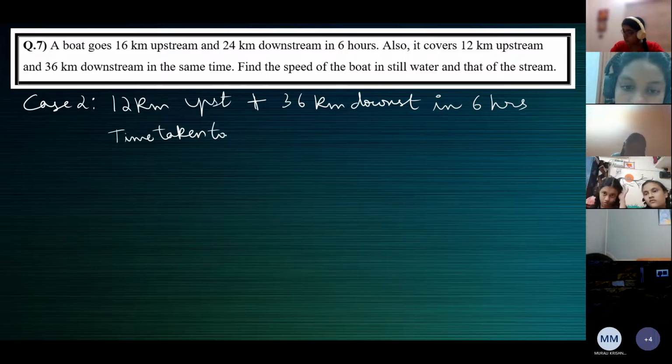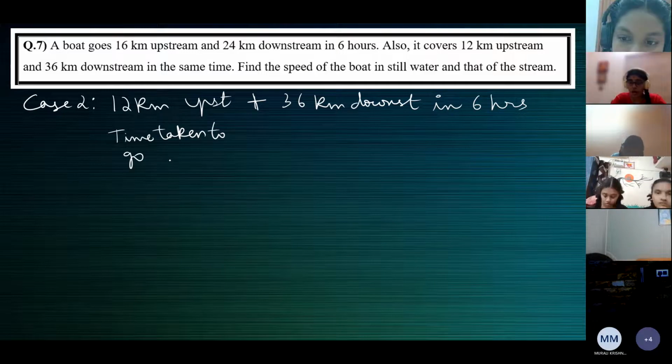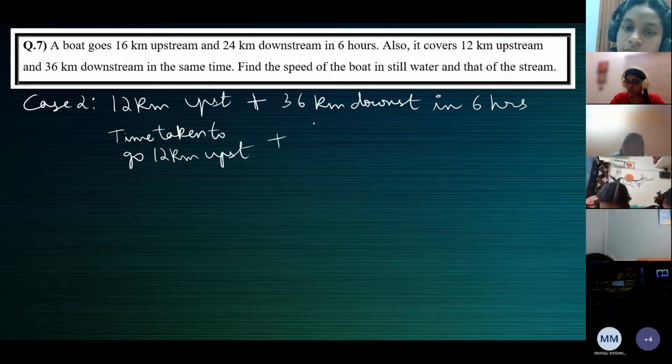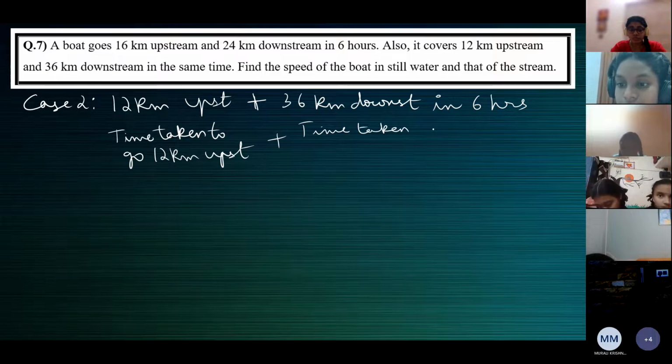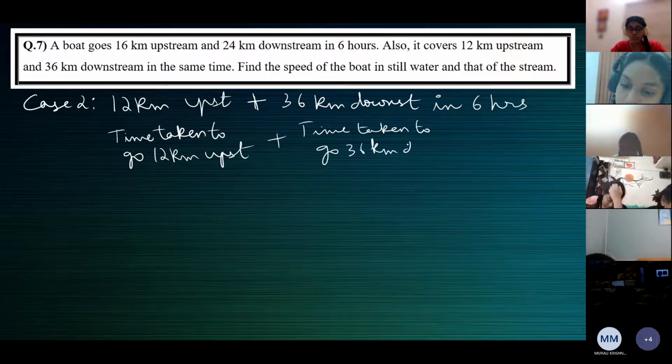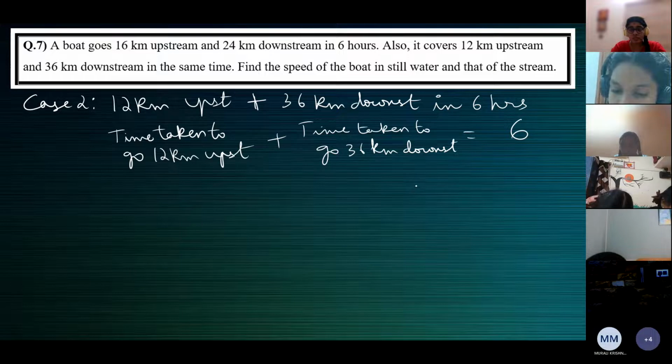Time taken to go 12 kilometers upstream, plus time taken to go 36 kilometers downstream, is equal to the total time of 6 hours. Correct?